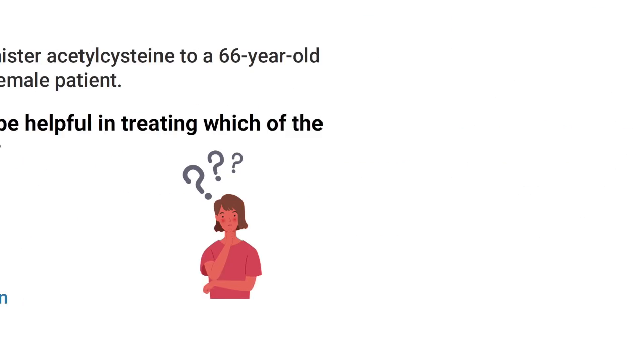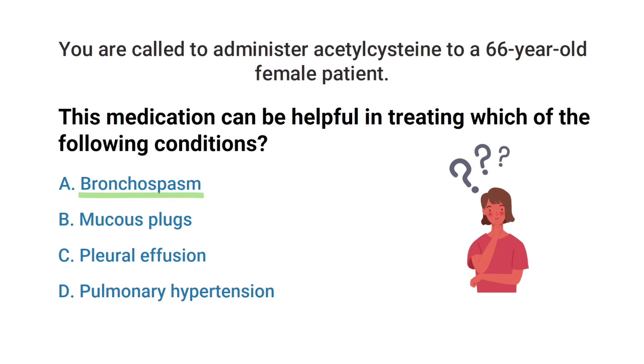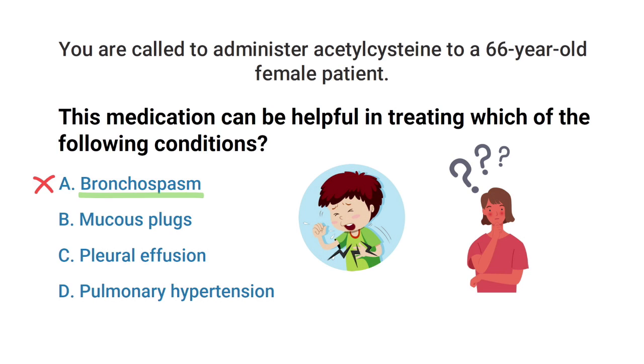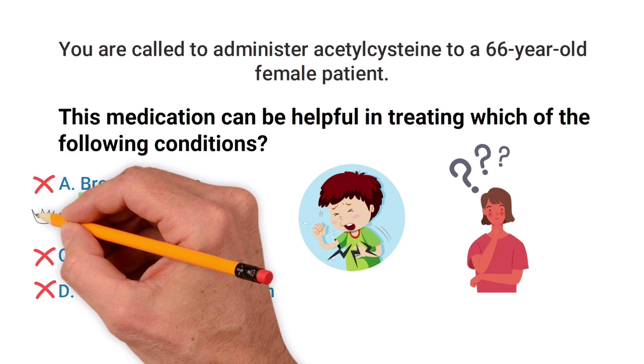Mucomyst is not used to treat bronchospasm, so we can rule that one out right away. In fact, it can actually make the patient's bronchoconstriction worse, which is why you always want to administer a bronchodilator when Mucomyst is given. And it would not be helpful in treating a pleural effusion or pulmonary hypertension, so now we know that the correct answer has to be B, mucus plugs.